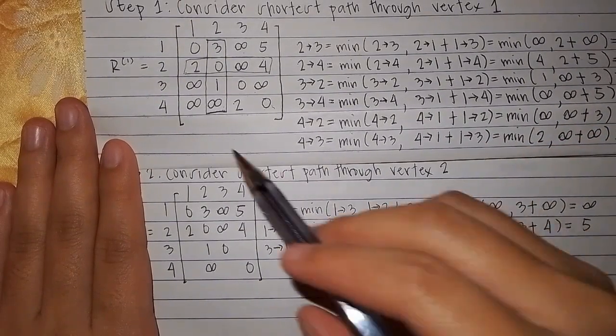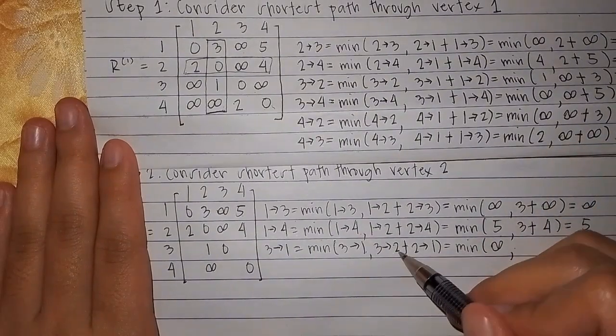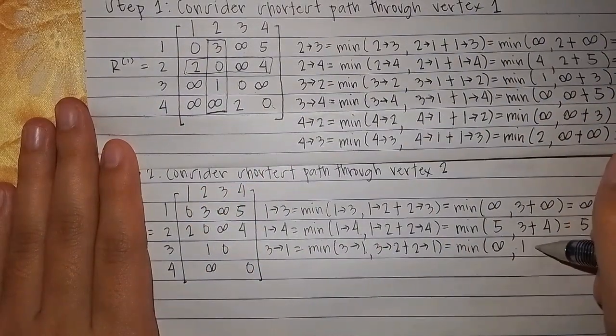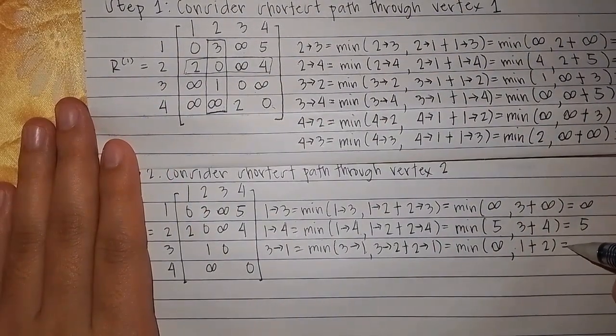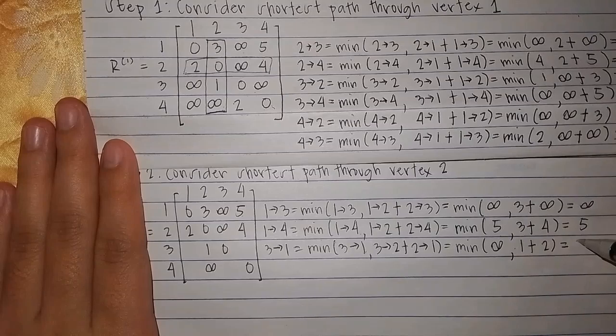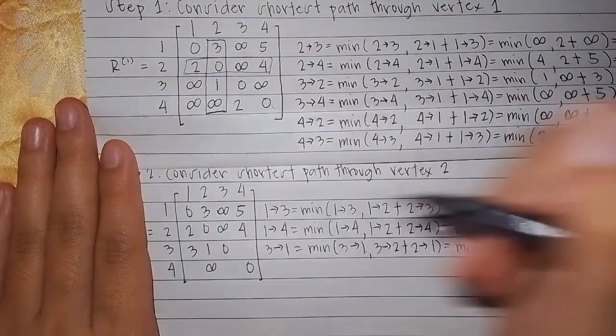So 3 to 1 here is infinite. So we will put infinite. Then 3 to 2 is 1 plus 2 to 1 is 2. So that equals 3. So 3 to 1 is 3. So we will put 3 in the matrix.